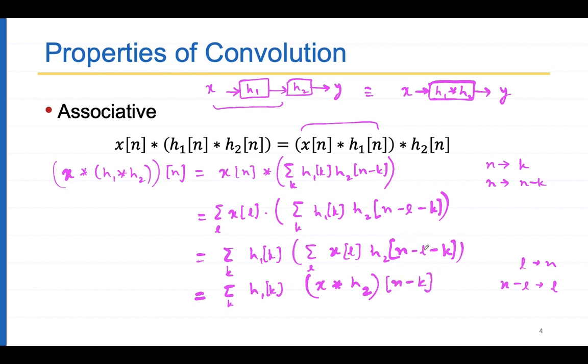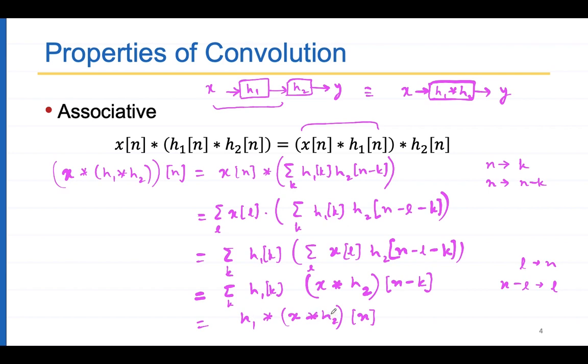So n minus k minus L, and here just L. So replace L with whatever is the n, and here you replace n minus L with n, but here it is n minus k. So this is what it becomes, and this is simply h1 convolved with this thing, which is x convolved with h2 at n.